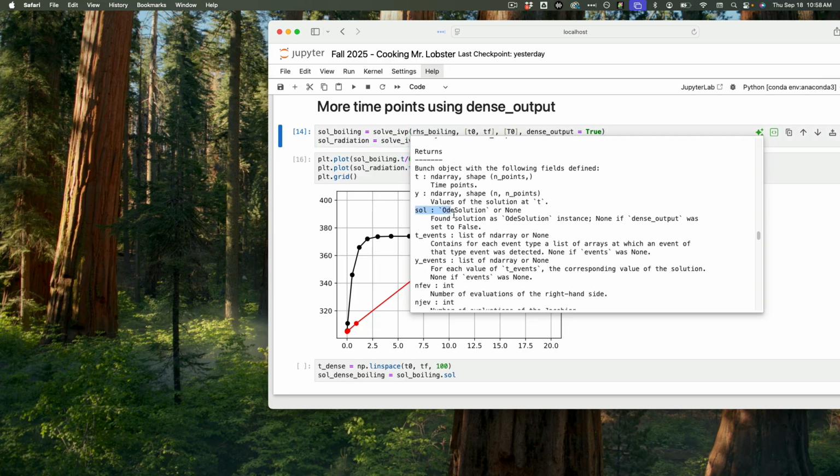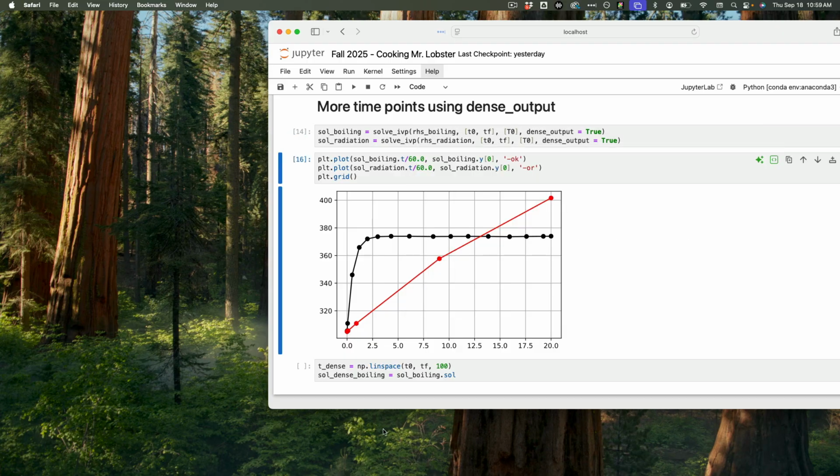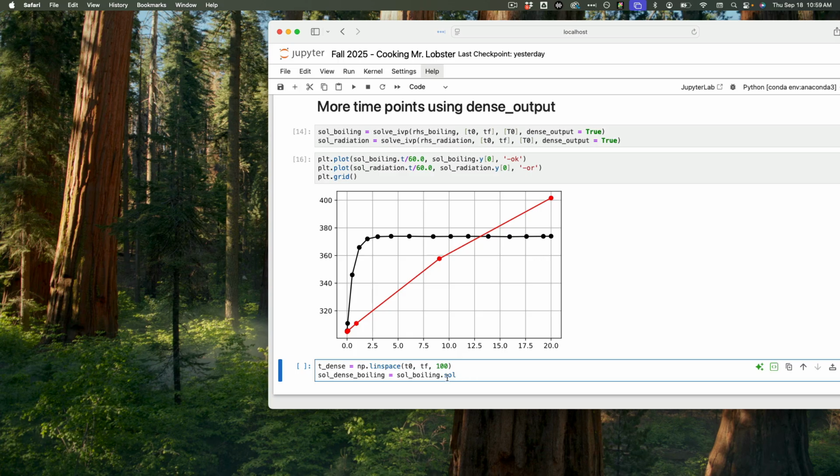It contains this. This is what I'm trying to access here. This is the solution that allows you, if you had dense output on, to use this object to evaluate your ODE anywhere between t0 and t final. Okay? So you access it by accessing your solution object, which is sol boiling in this case, and from it you call sol, and then apply it at t dense.